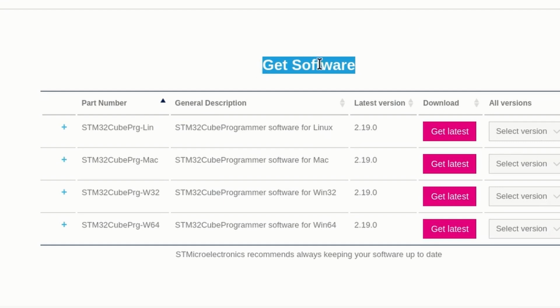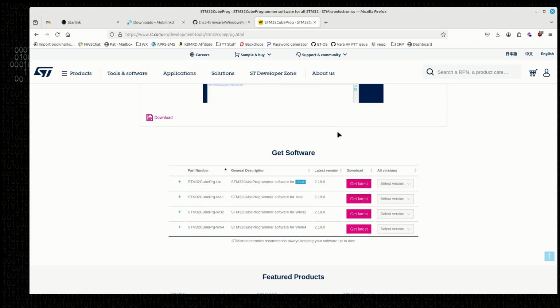Now, what you want to do for Linux specifically, and guys, I'm running Linux Mint 22.1, you'll want to find the edition that is for Linux and click Get the Latest. Now, it's either going to ask you for an account or you can download it as a guest. Even as a guest, you're going to have to give it a name and an email address, and then it will email you the download link. Once you get that email, go ahead and download that to your downloads folder.